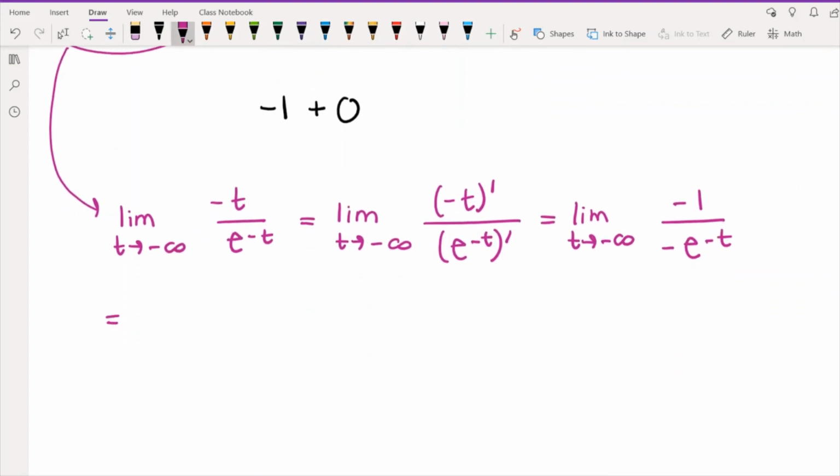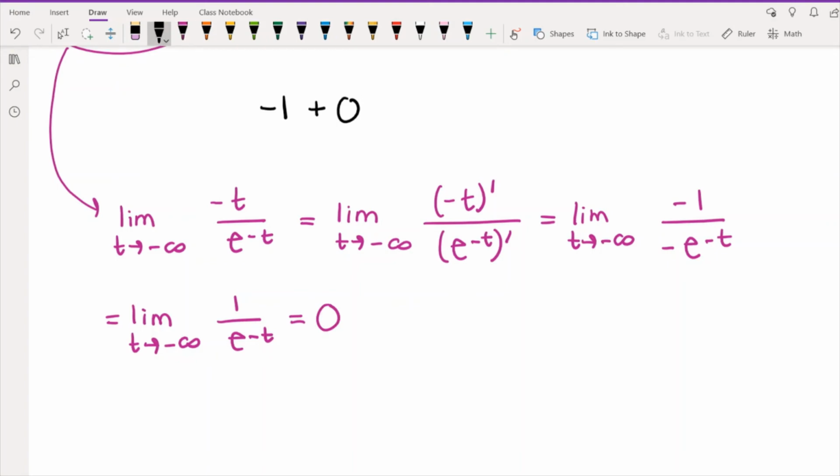So now we have the limit as t approaches negative infinity of 1 over e to the negative t. If we plug in large negative numbers, we also have a negative sign in the exponent, so they counteract each other. And so this is now of the form 1 over infinity, and that limit is going to be 0.